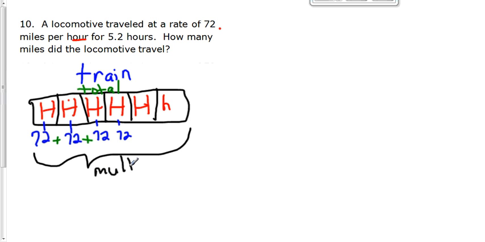So that's what we're going to do. We're going to multiply. Our train can go 72 miles for not just 5 hours, but 5 and a little bit more. So it's times the 5 and a little bit more.